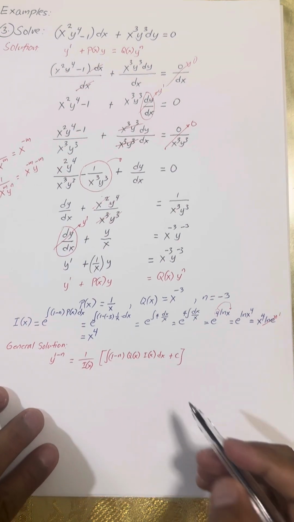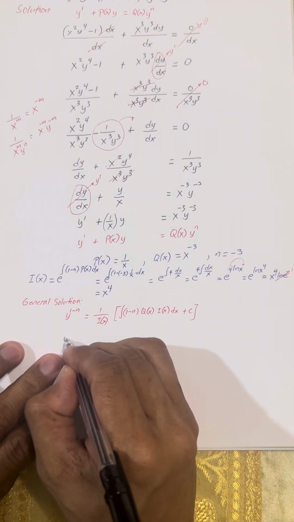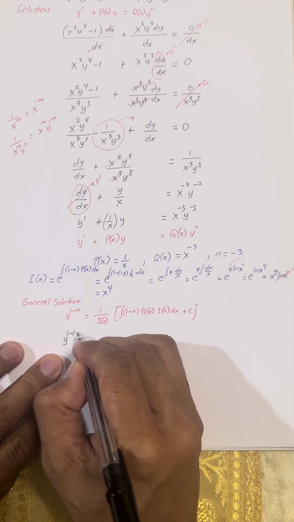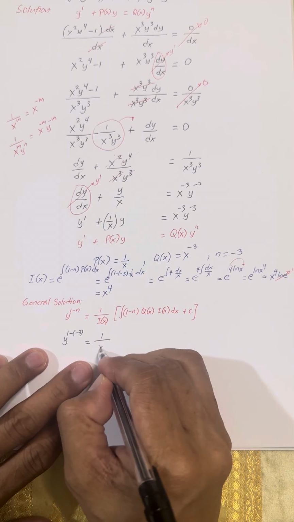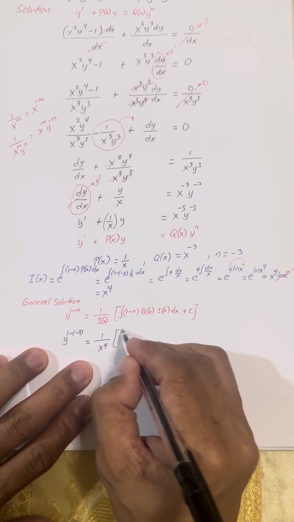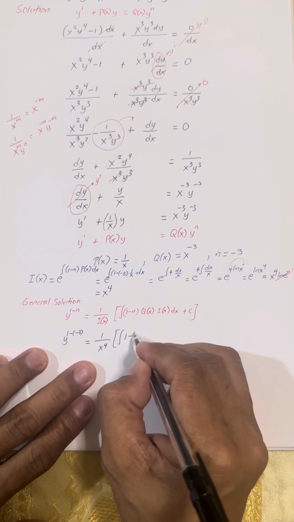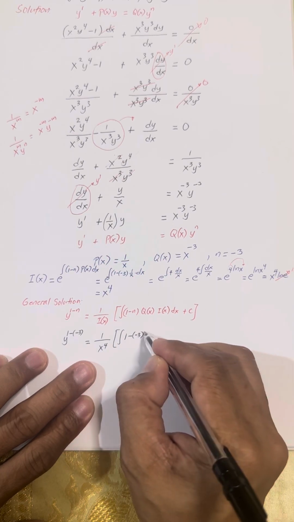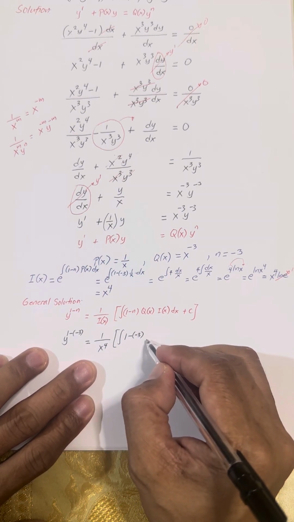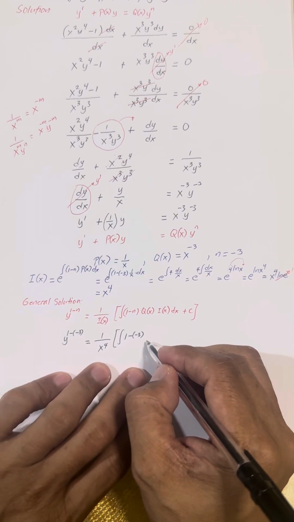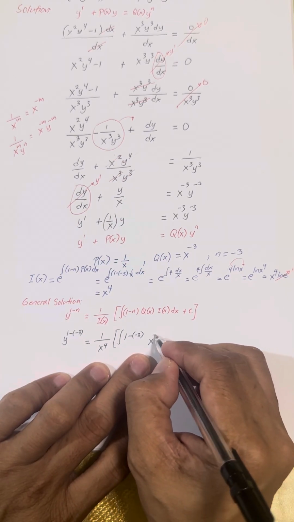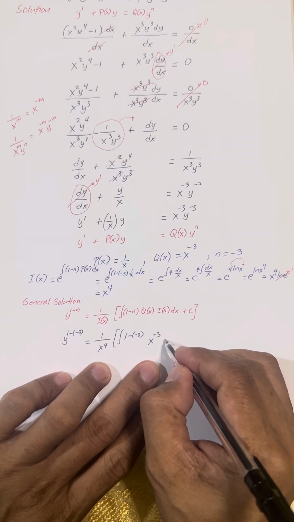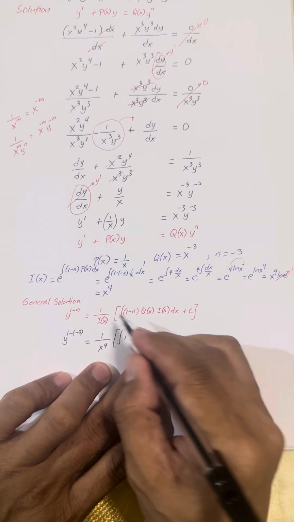Then substituting, we have y to the power 1 minus 3 equal to 1 over x to the 4th power times the integral of 1 minus 3, then times q of x, where q of x is equal to x to the power minus 3, times I of x is x to the power 4.